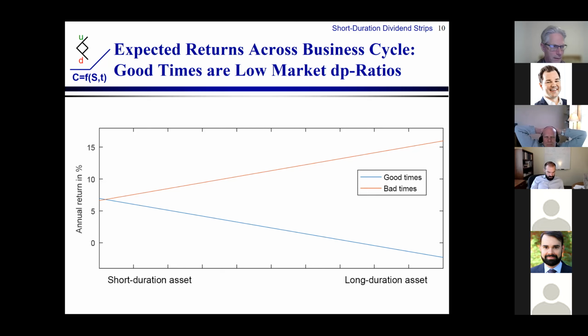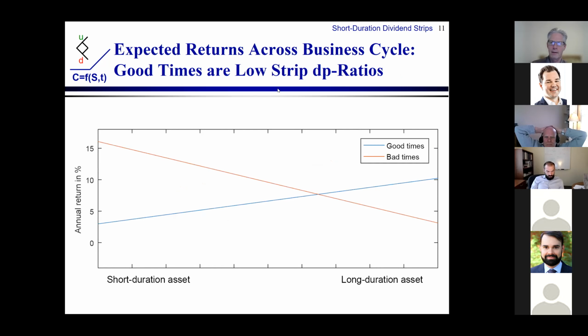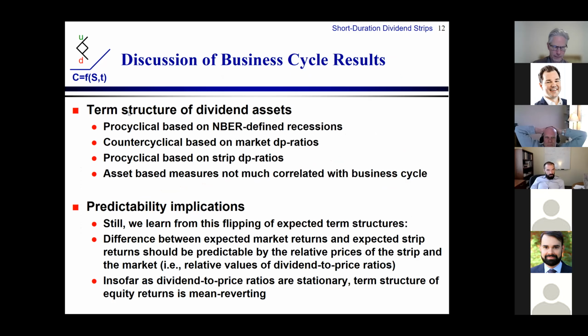If they are very high, then we're in a recession. Now, defining good and bad times according to this Gormson market dividend price ratio, unfortunately flips results upside down. And conditioning, again, using this Gormson idea on the strip dividend price ratio, flips results yet again, and they're kind of back to where they were when you're conditioning on recessions. So this is weird, right, to say the least.